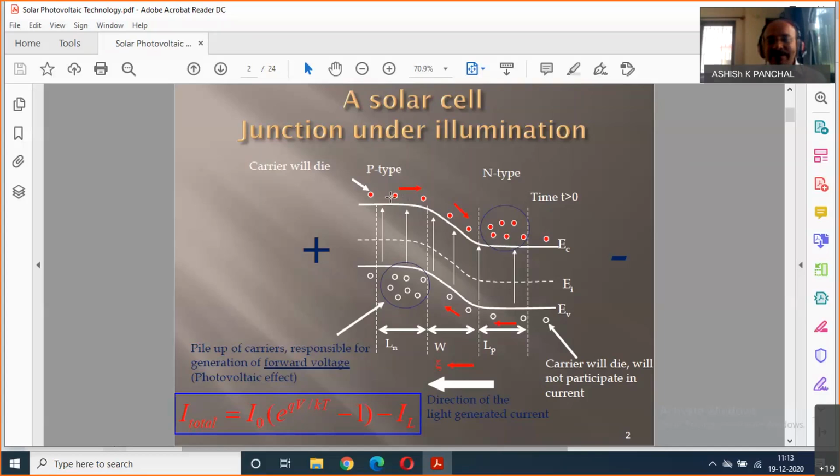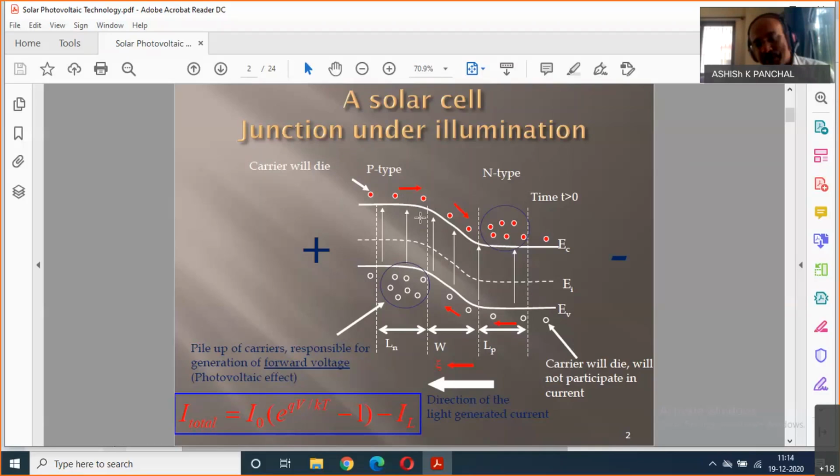From the background of electronics physics, the energy band diagram of a PN junction is known.